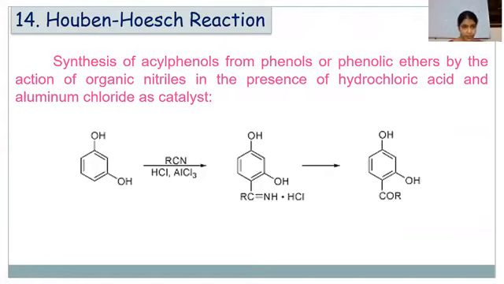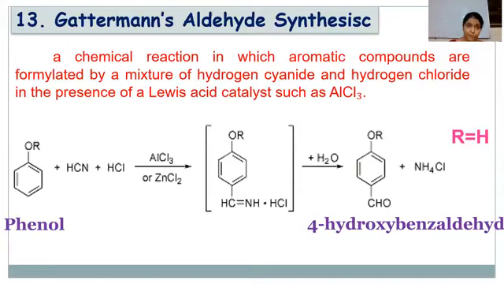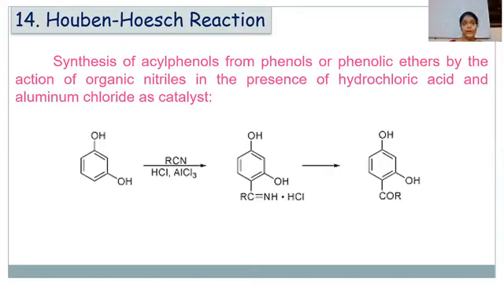Next is the Hoesch reaction. Synthesis of acyl phenols from phenols or phenolic ethers by the action of organic nitriles in the presence of hydrochloric acid and aluminium chloride. Now, the difference between the Gattermann aldehyde reaction and the Hoesch reaction is only this: in Gattermann aldehyde reaction, HCN is used, and in this reaction, in place of HCN, any other organic nitrile compound like CH3CN or C2H5CN is used.